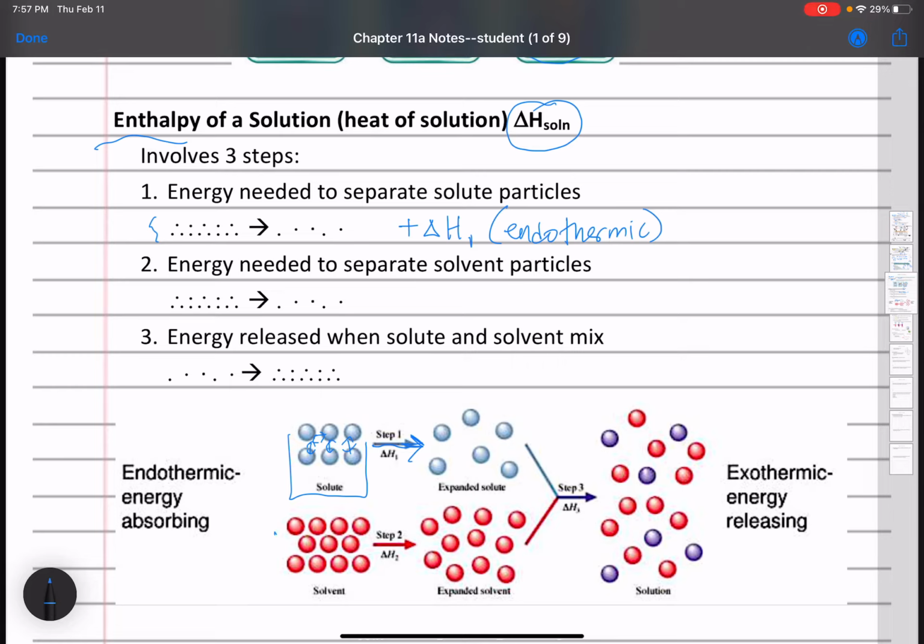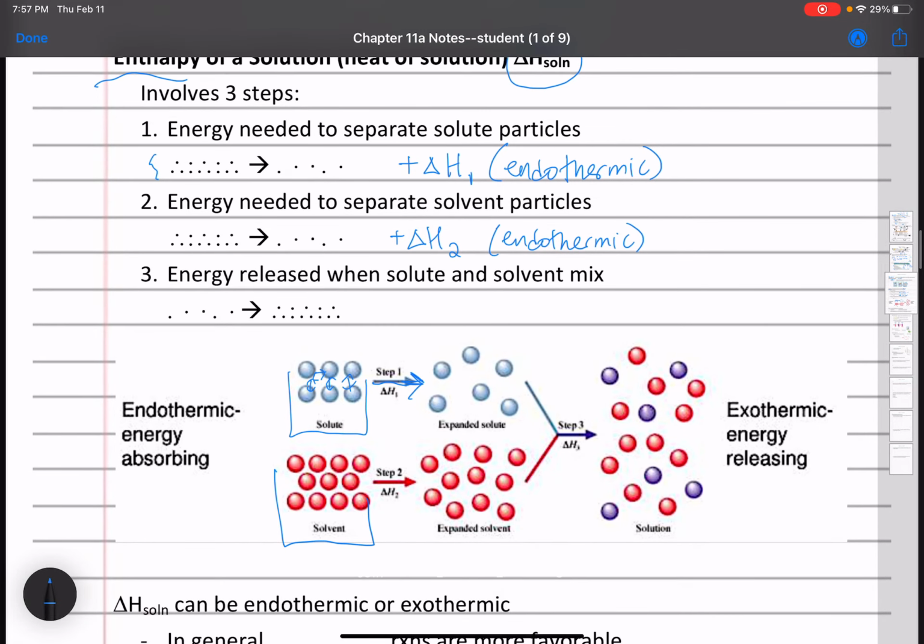We also need to do the same thing with the solvent. It also is going to absorb energy. We'll call this step 2. And it is also endothermic, right? We require the input of energy to move these particles faster and separate them, getting rid of those intermolecular forces between them.